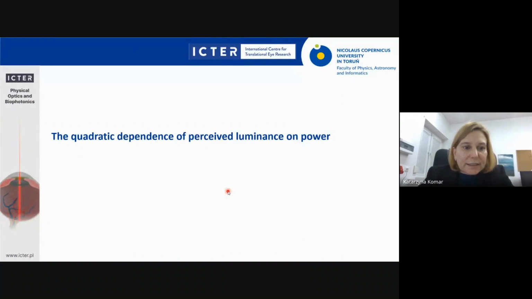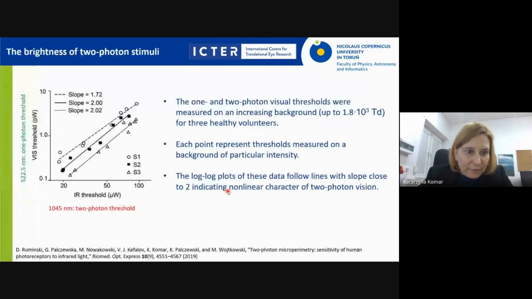And the next part will be devoted to the quadratic dependence of perceived luminance on power. And I will show you the results of 3 experiments, which show that this quadratic dependence exists. The first experiment was performed on 3 healthy volunteers, and we projected 1 and 2 photon stimuli.